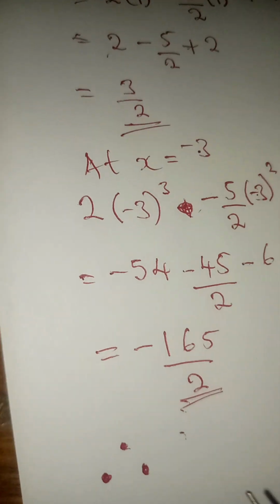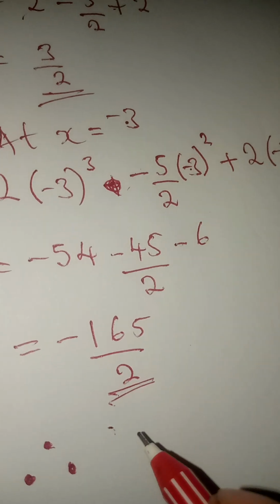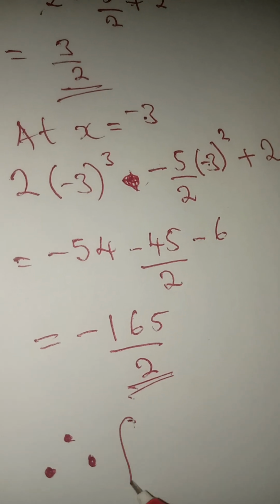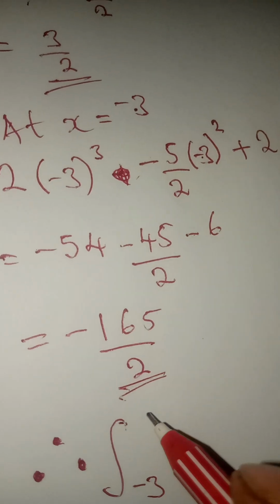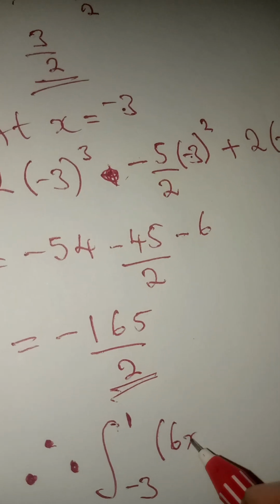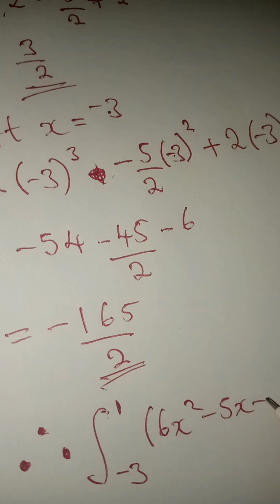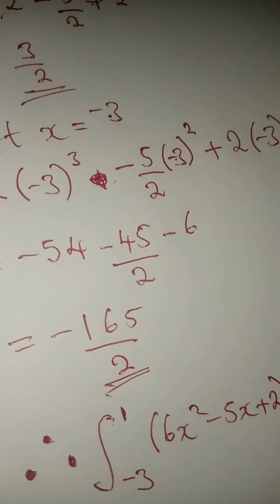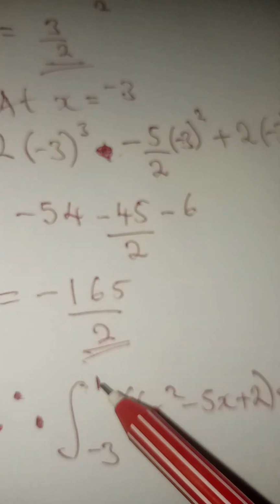So now, we are going to write the equation to say, therefore, the integral from negative 3 to 1 of 6x squared minus 5x plus 2 dx equals, you start by bringing the answer for the upper limit.